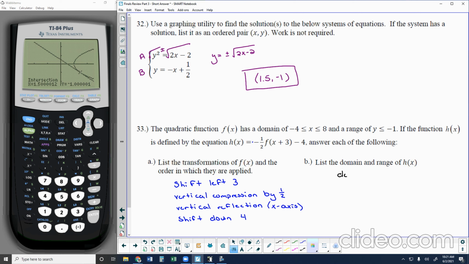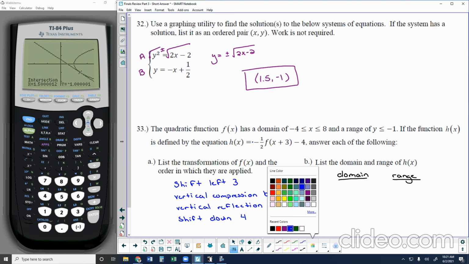Now, what we need to do is not only identify these transformations, but determine how they affect the domain and the range. So let's first start with the domain. The domain is x is greater than or equal to -4 and also less than or equal to 8. So what we need to do is identify anything that's going to affect the domain. This would be any horizontal movements.